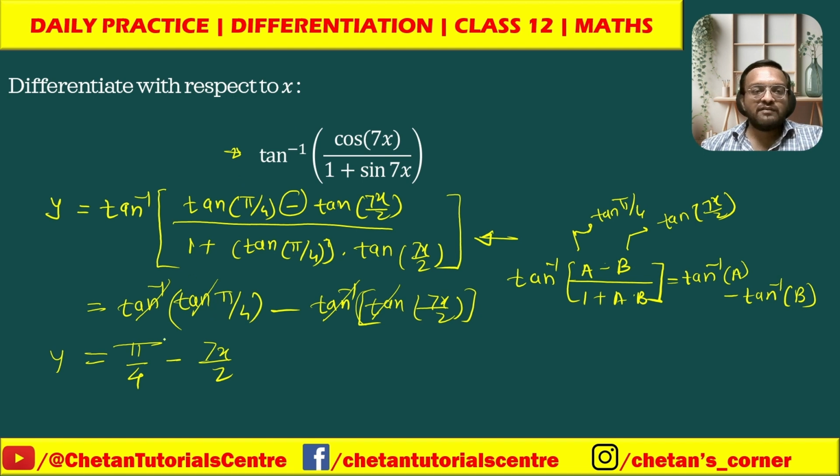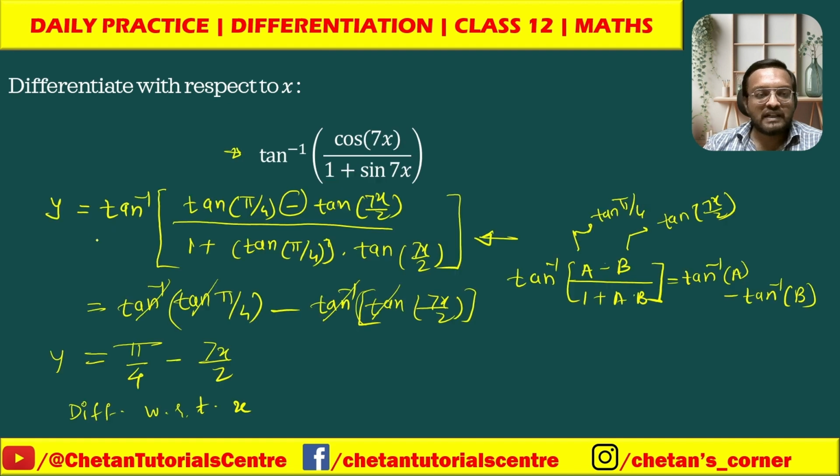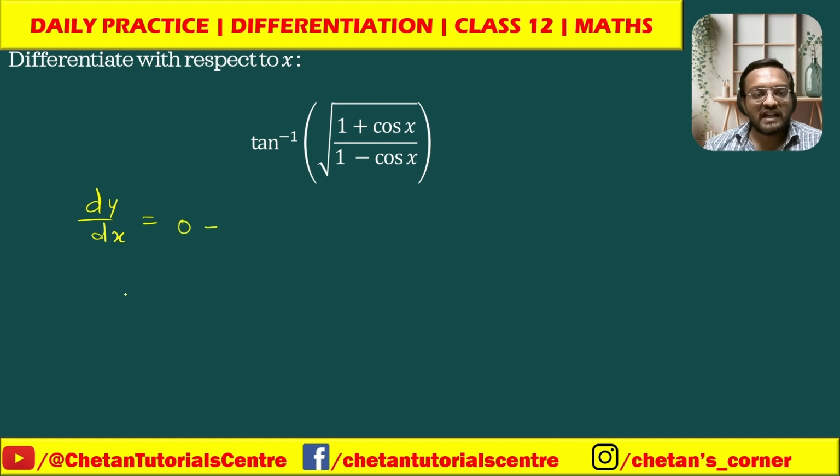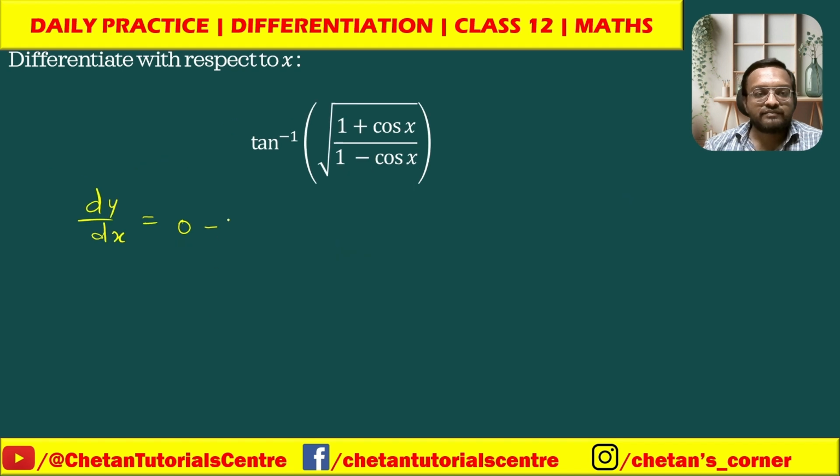Now as we have simplified the given function, we will differentiate it with respect to x. Then what I will get, dy by dx is equal to derivative of pi by 4, which is a constant function, with respect to x will be 0, minus, this minus sign as it is, 7 upon 2 as it is.